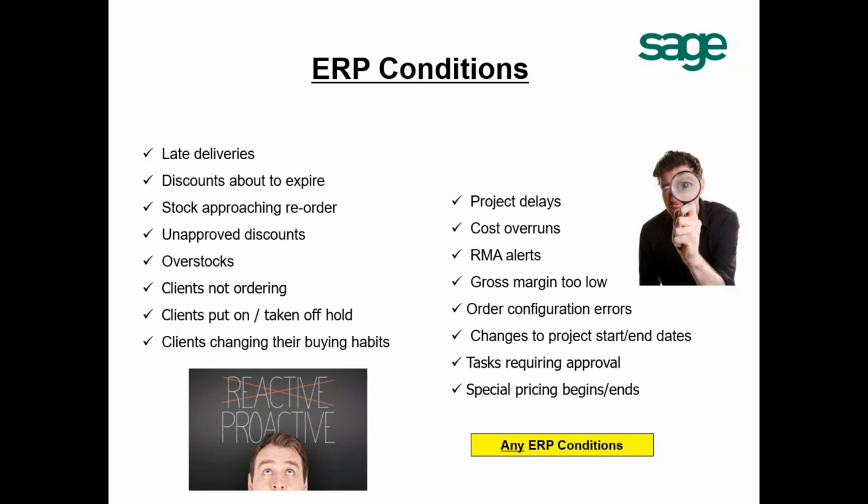And although I've just spent a couple of moments talking about receivables, Alerts and Workflow monitors and responds to conditions throughout all modules of Sage 100, AR, AP, inventory, GL, purchasing, sales orders, bill of materials, etc. And in fact, out of the box, Alerts and Workflow ships with roughly 85 pre-configured business conditions in Sage 100 that it can monitor for and respond to, including all of the conditions that you see on the current slide.